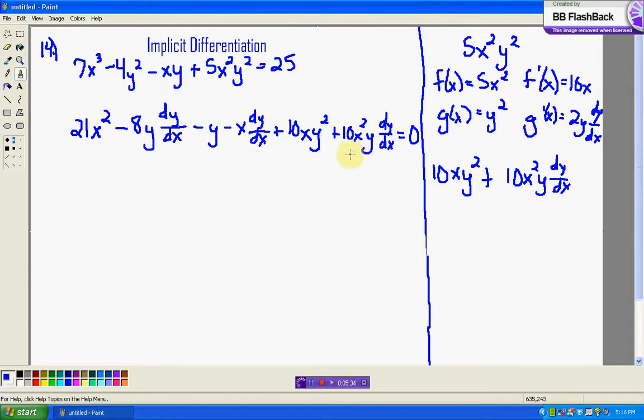Now, implicit differentiation rule number 2. Get all of the dy dx's on one side of the equal sign and get everything else away from it.